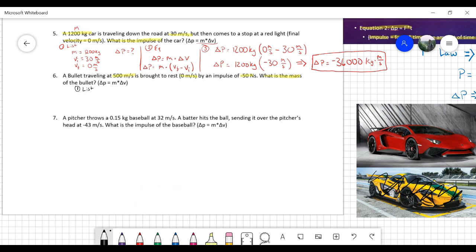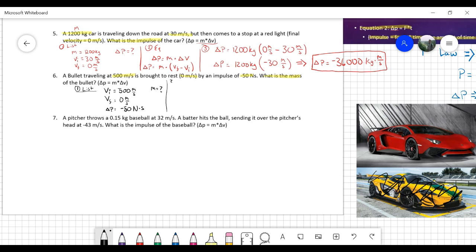Before anything happens, our initial velocity of the bullet is 500 meters per second. Our final velocity, the bullet comes to a stop, so that is 0 meters per second. The impulse, the delta P, is negative 50 newtons times seconds. What is the mass? Well, we don't know. So that's what we've got to figure out.